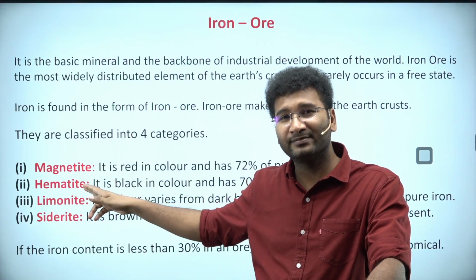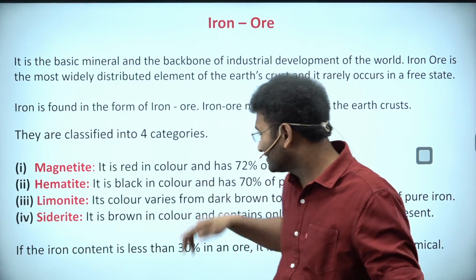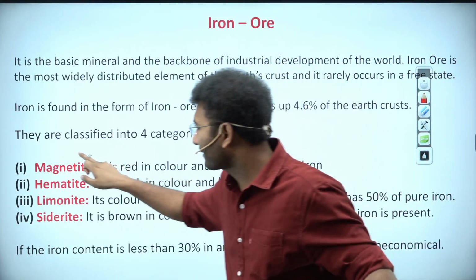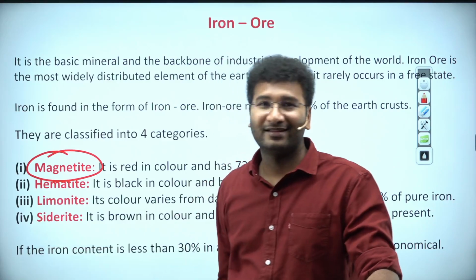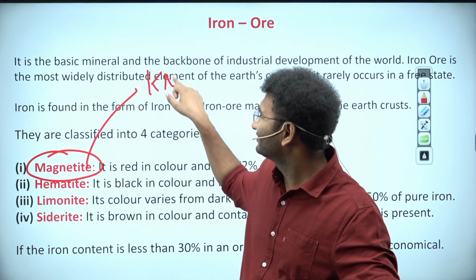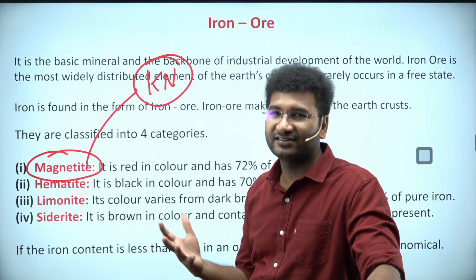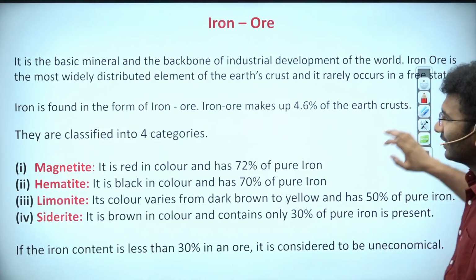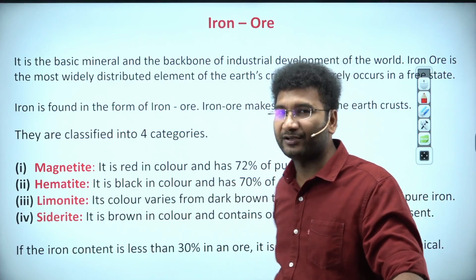And where do you find this magnetite in India? In which state is the highest amount of magnetite ore present? Karnataka. Okay? The largest reserves are in Karnataka, right? And hematite is present in the Chota Nagpur plateau, right?